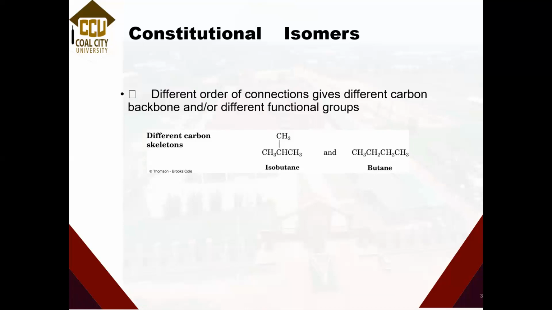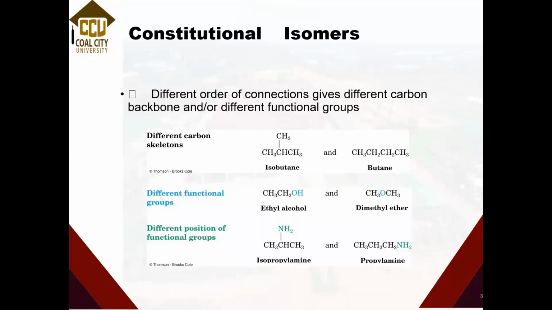connected. Okay, let's see the case of functional group. We can have compounds having the same molecular formula, but they do not only differ in the way their carbons are arranged, but can also differ in the functional group entirely. For instance, in ethyl alcohol and dimethyl ether, we can see a clear example. This here is 2 carbons, 6 hydrogens, and 1 oxygen.